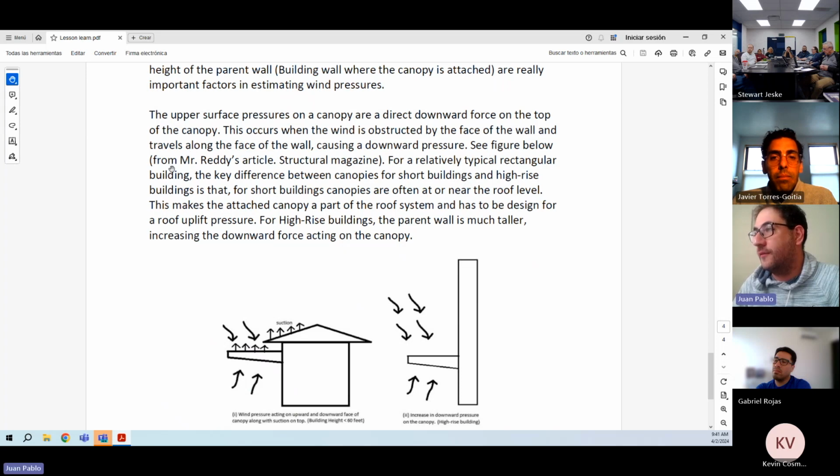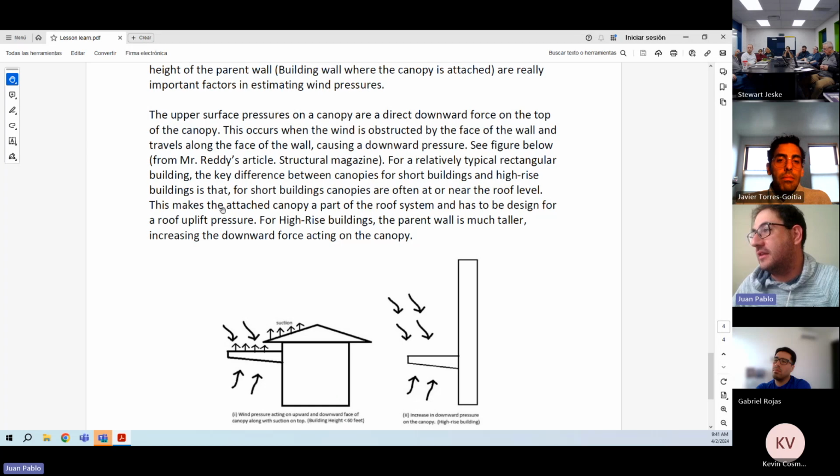See below, from Mr. Reddy's article, for a relatively typical rectangular building, the key difference between canopies for short buildings and for high-rise buildings is that short building canopies are often near the roof level. So it will be at this height, near the roof level.